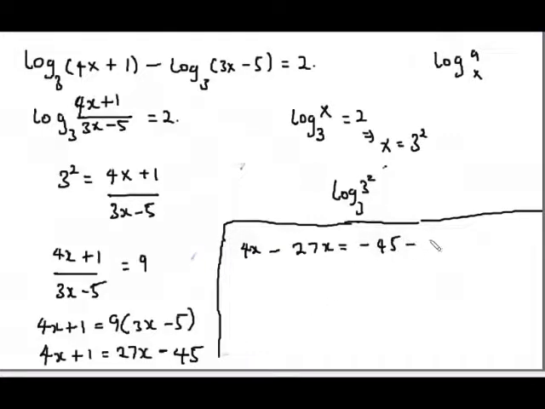So 4x minus 27x is minus 23x, which is equal to minus 46. And then we are going to divide both sides by negative 23 to give us our result, so that x equals minus 46 over minus 23. Negative cancels out negative. 46 divided by 23 is 2. So the value of x for this equation is 2.